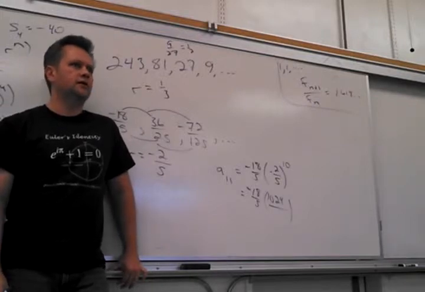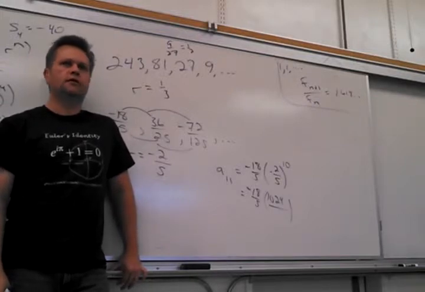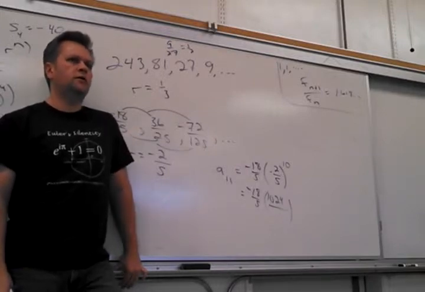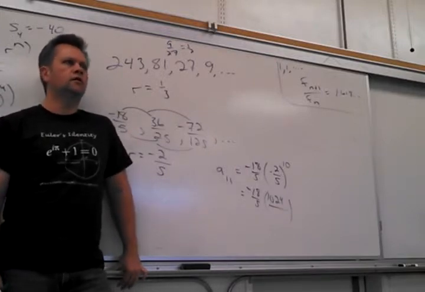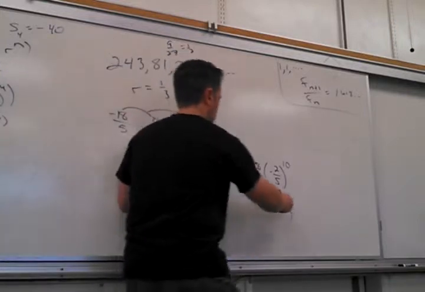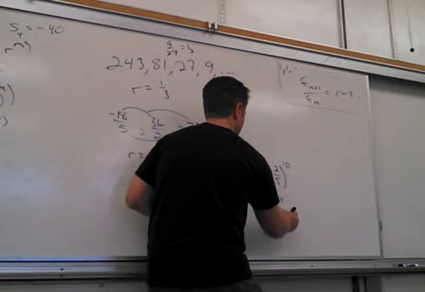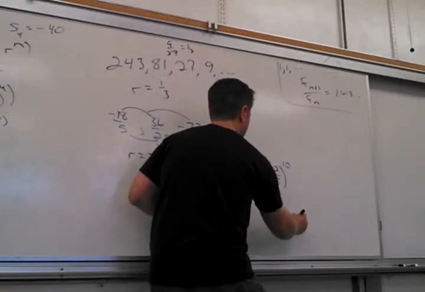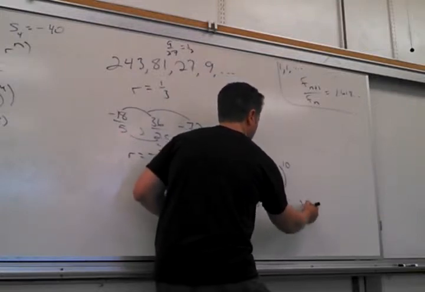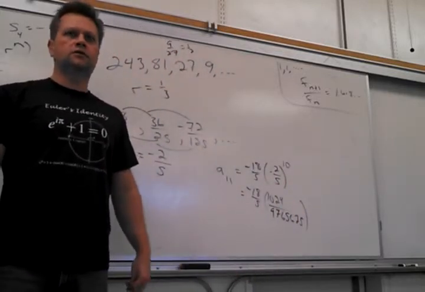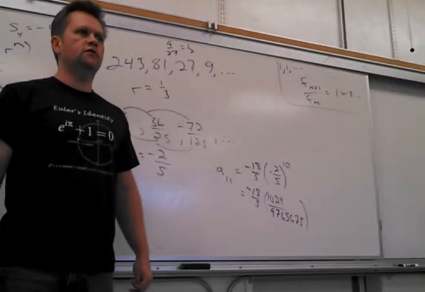That's crazy. You guys have calculators? What's 5 to the 10th power? What's your calculator say? 9,765,625. Yeah.